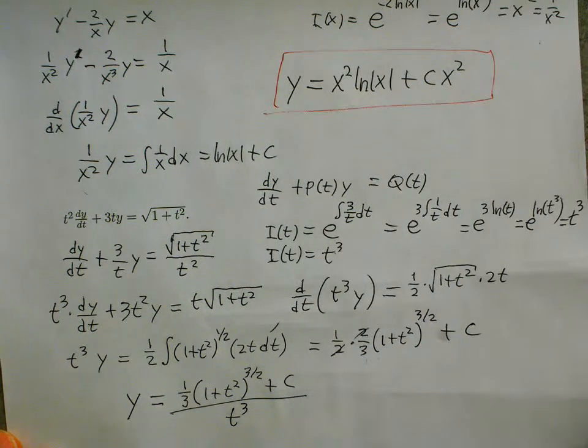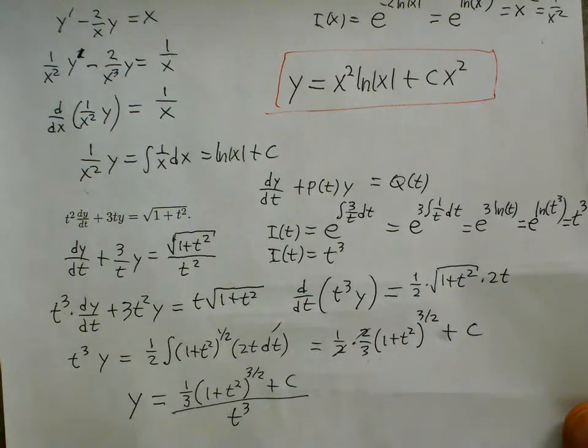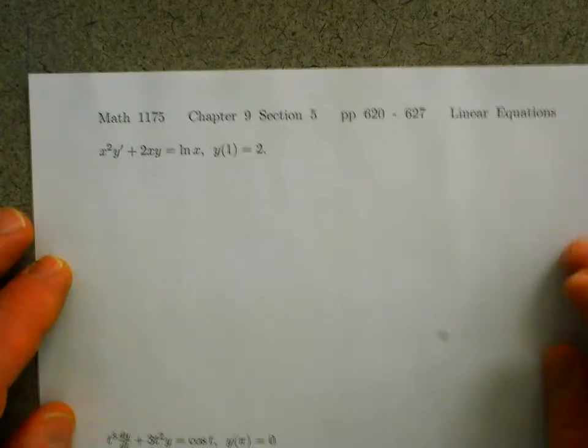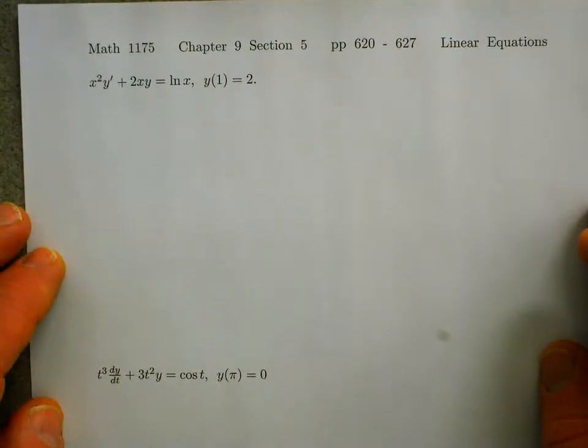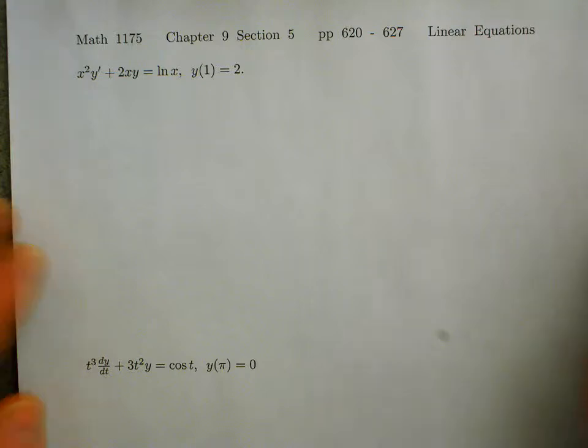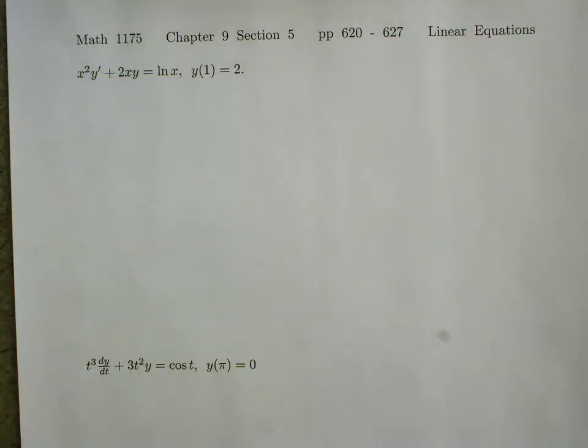Okay, the next couple of examples will be initial value problems. So here we have x squared y prime plus 2xy equals the natural log of x, where y of 1 equals 2.